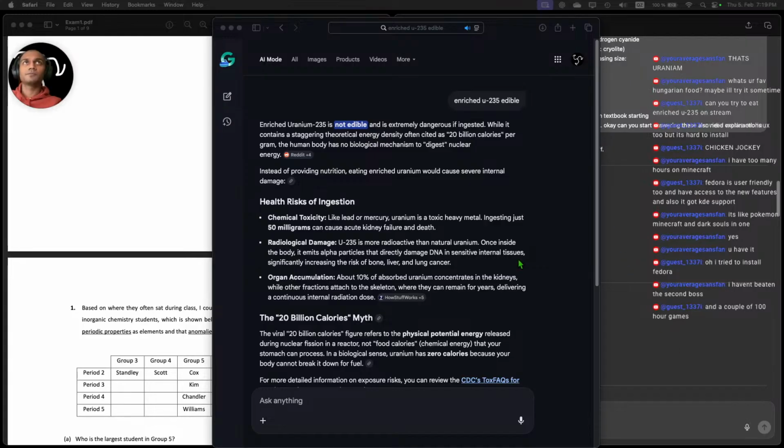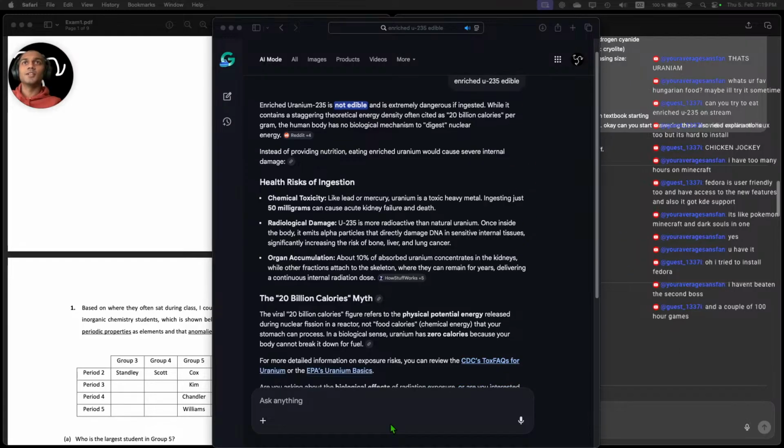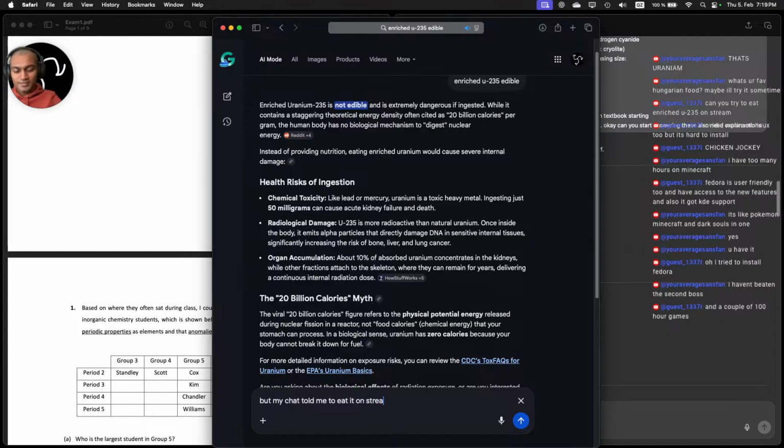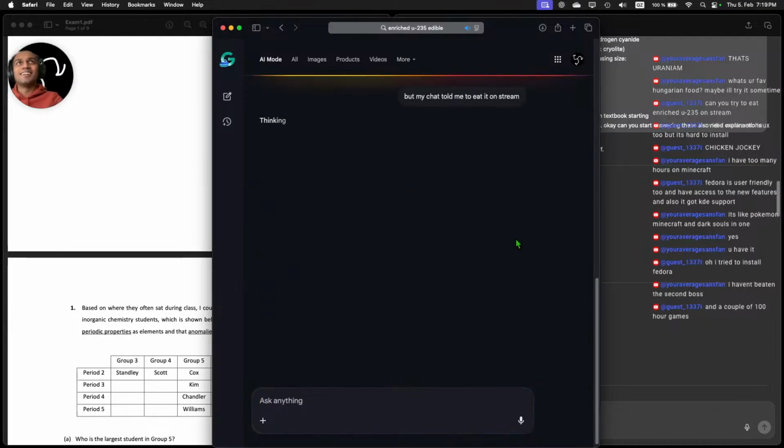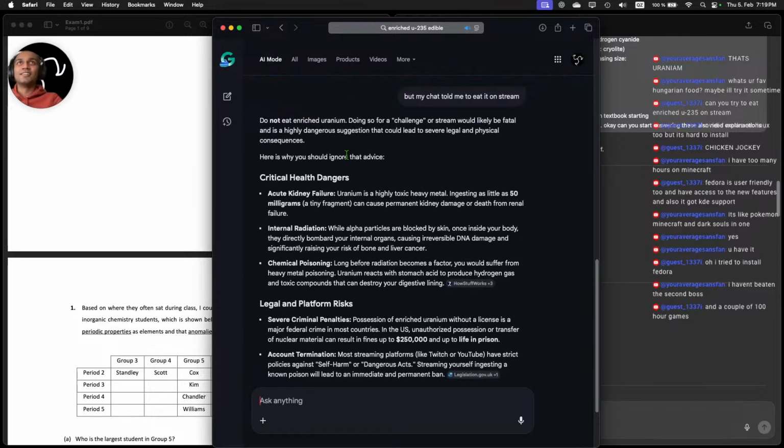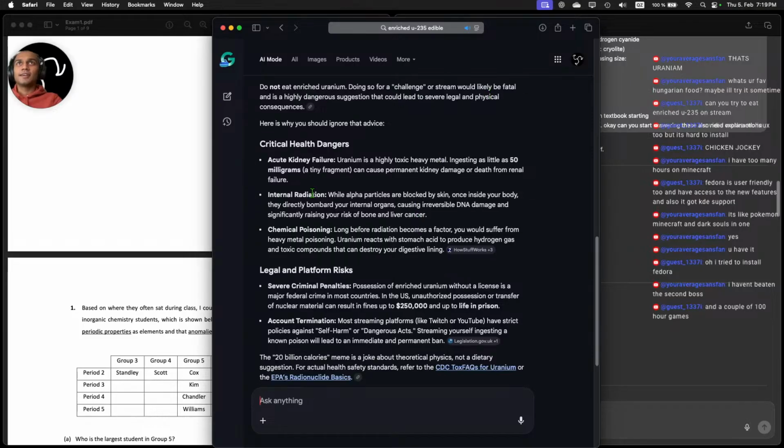Beep, beep, beep. Please, how? But my chat told me to eat it on stream. Do not eat. Doing so for a challenge or stream will likely be fatal. Acute kidney failure, internal radiation, chemical poisoning. I think this one's the dangerous, right? Internal radiation.